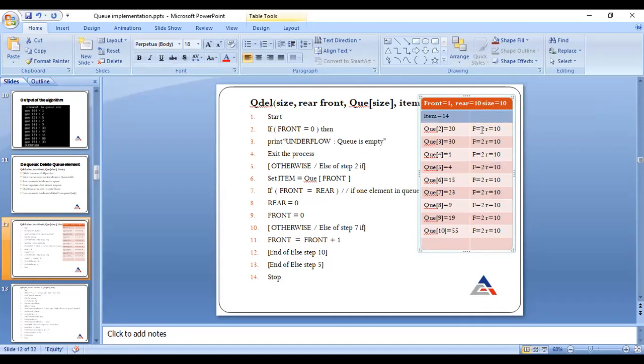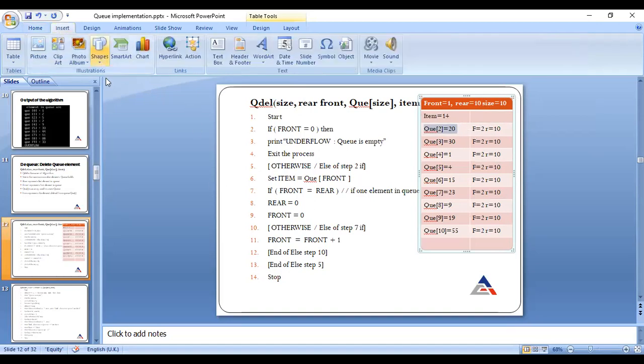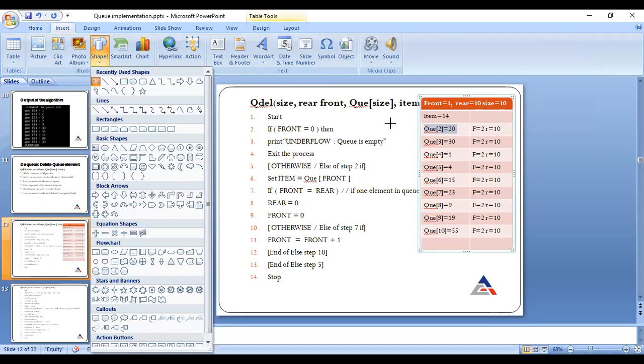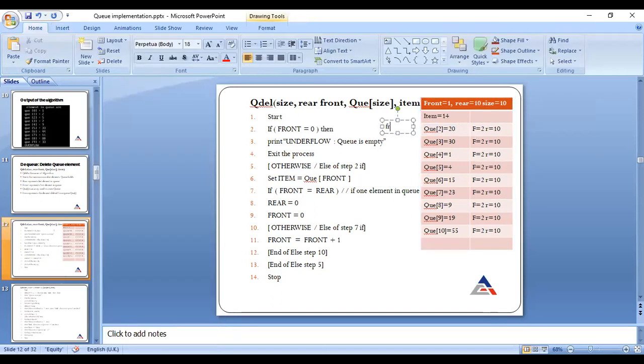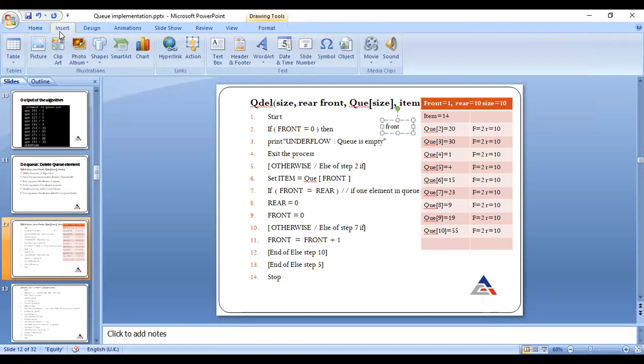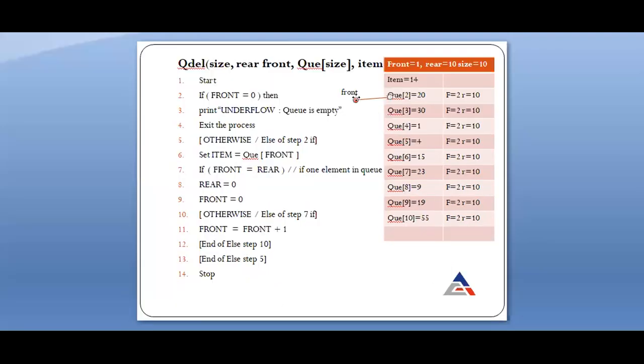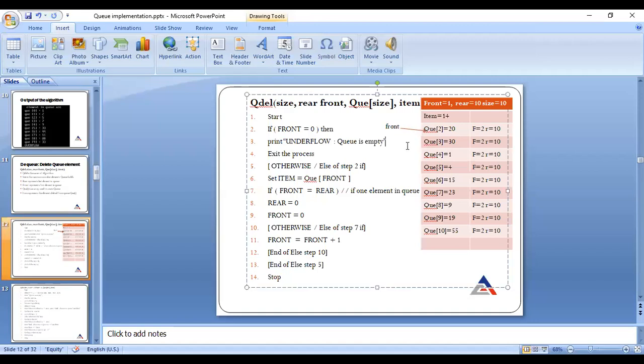Now the first element is at location number 2. If I want to delete the element at location number 2, because this now becomes the front, I mark it here. The front element has to be deleted. Again, I delete this element, item, that is 20.